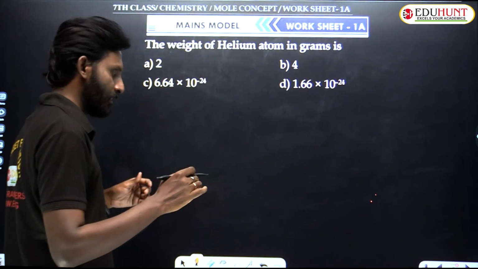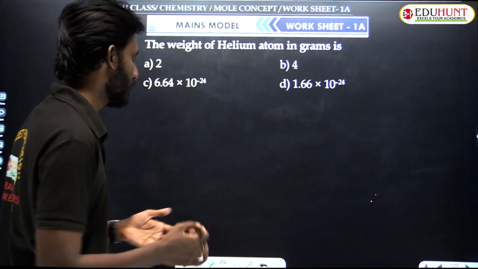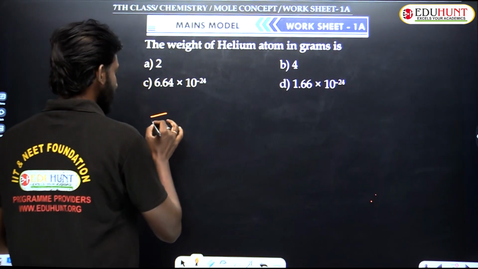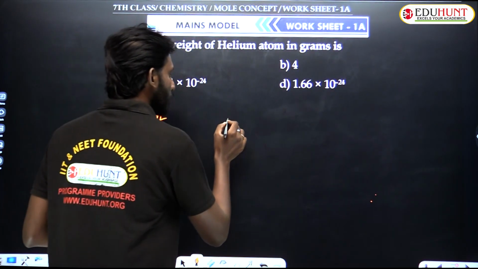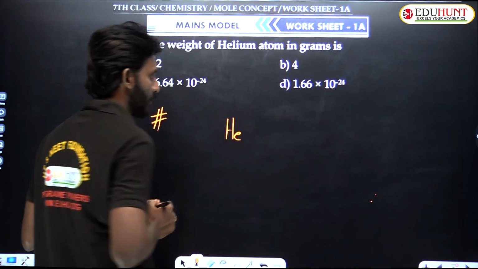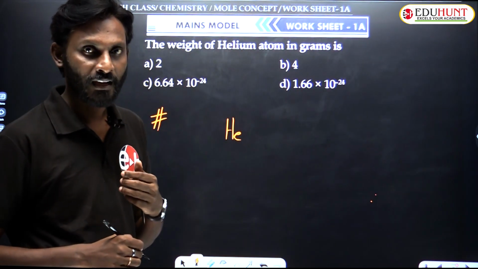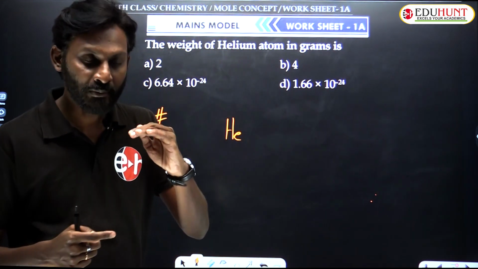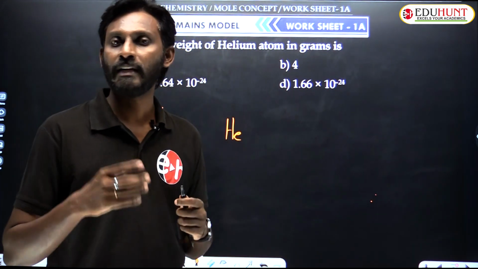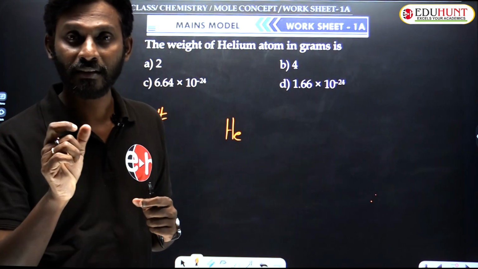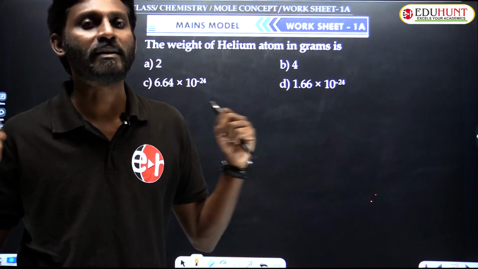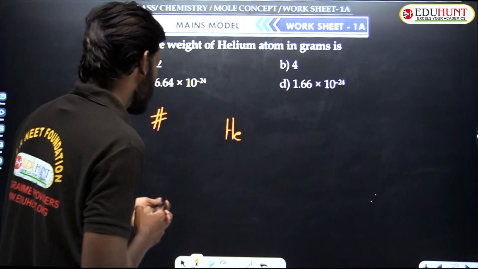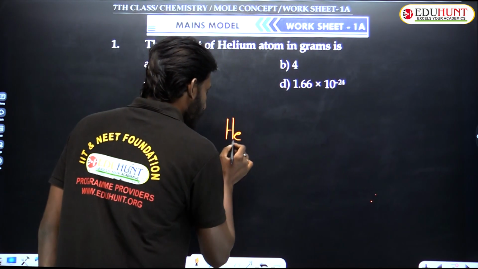For whatever atom, what is the process to understand? Suppose this is the symbol of helium atom, and I told you to learn by heart the atomic numbers and mass numbers of elements up to atomic number 30. Up to 30 elements we must study. What is the atomic number of helium?